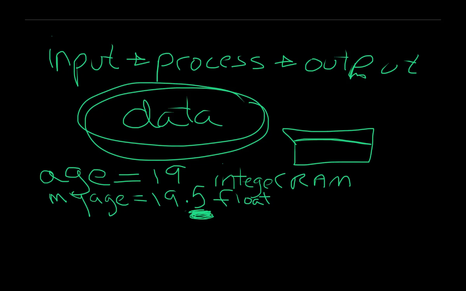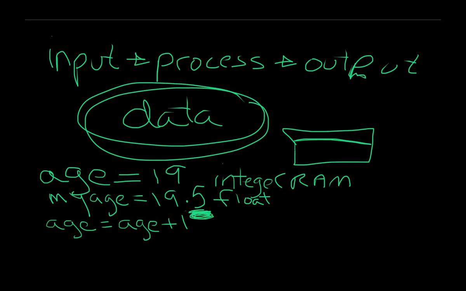But what if we just want a string of characters? So we're not going to calculate anything. So with this integer, I could add a year to that and make that 20. So I could say something like age, the name of my variable, is equal to what is stored already in age plus 1, and now age is 20.